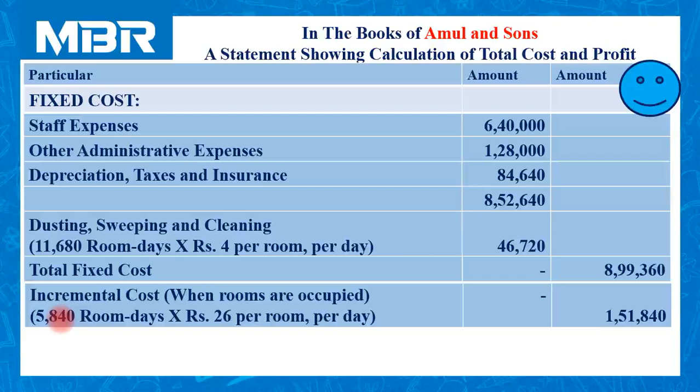Reason: we need to calculate break even point at 50% capacity. So at 50% capacity, room days are 5,840. 32 rooms multiplied by 365 days multiplied by 50% occupancy level is equal to 5,840 room days multiplied by incremental cost rupees 26 per room per day.